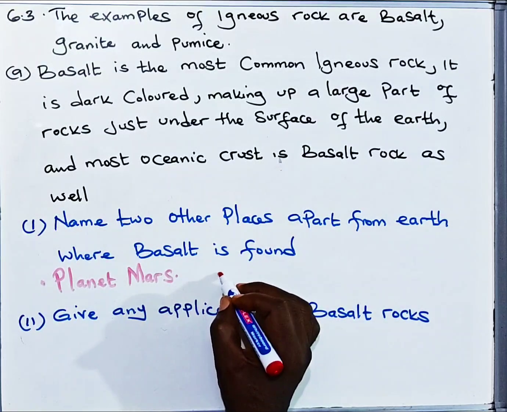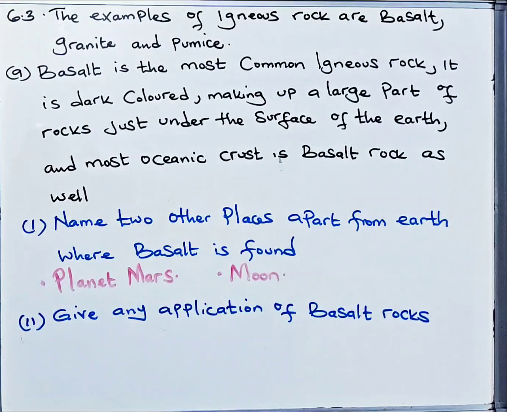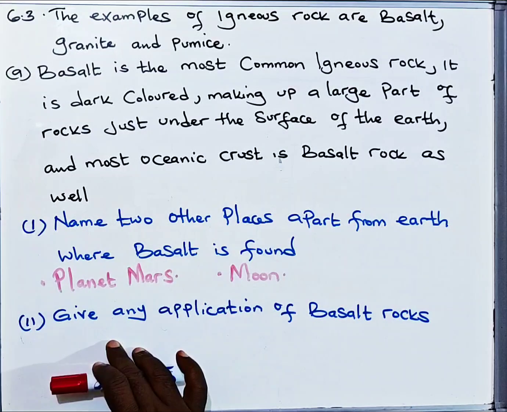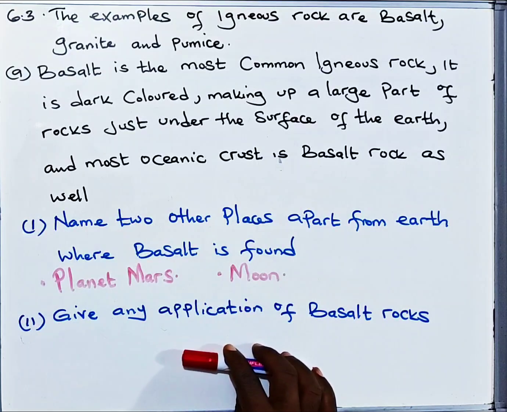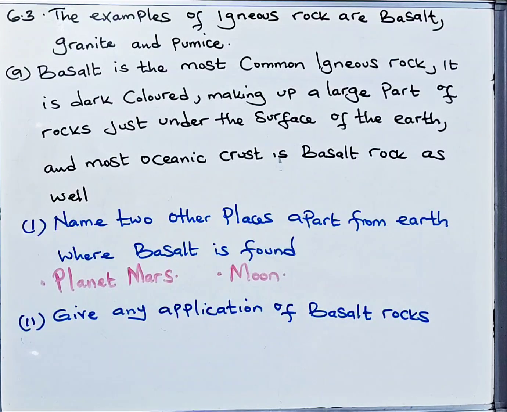Another place is the Moon. The Moon also has several places of basalt. Then we come to this one. It says, give any application of basalt. Where do we apply basalt? We apply it as a building material, especially in the construction of stone walls.